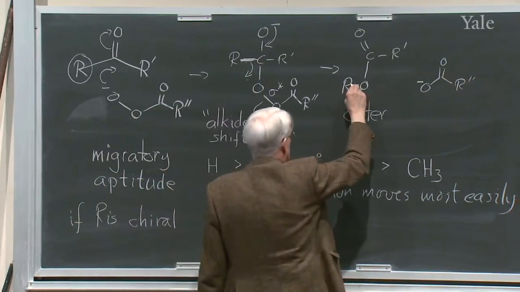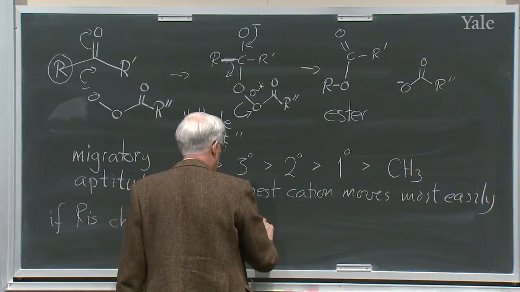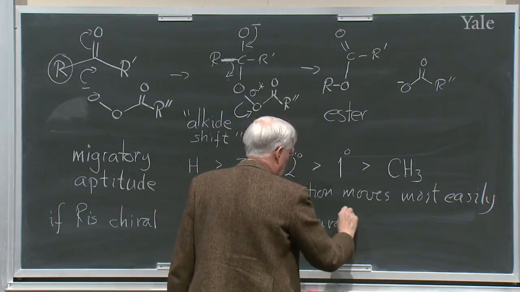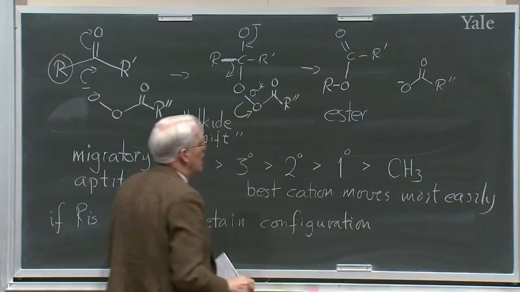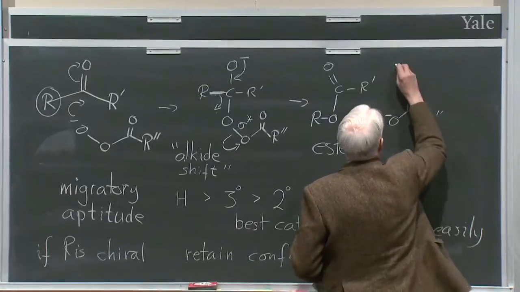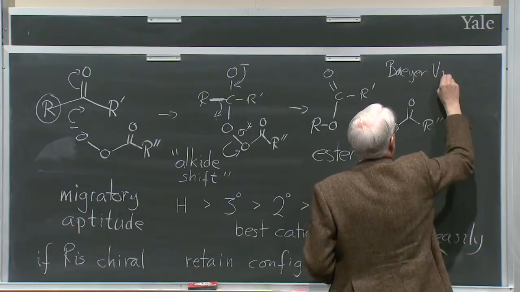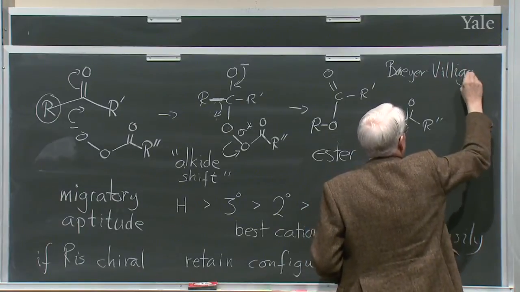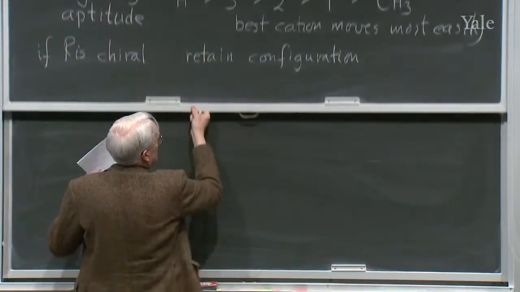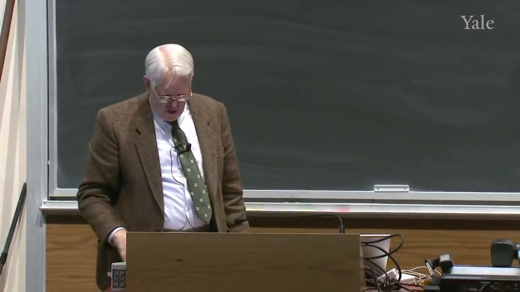So the R in the product will retain stereochemistry. Okay, this is the Baeyer-Villiger reaction. So that inserts an oxygen.